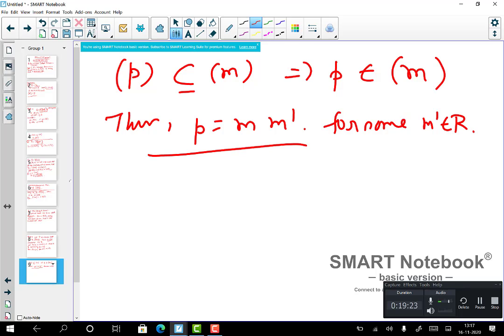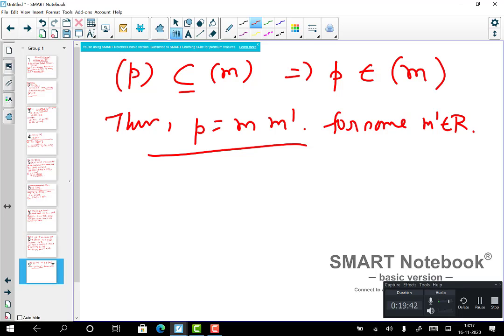You started with the prime ideal generated by the element p, and because it is contained in a maximal ideal, you find that there exists an element m with this property: p equals m into m dash. Now with the help of this property, you can say two things.